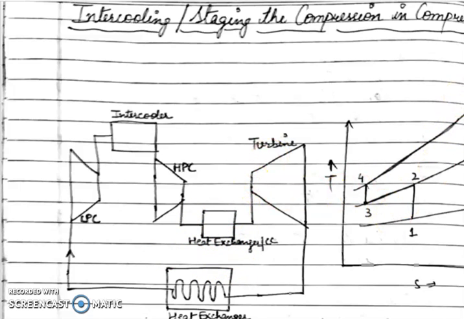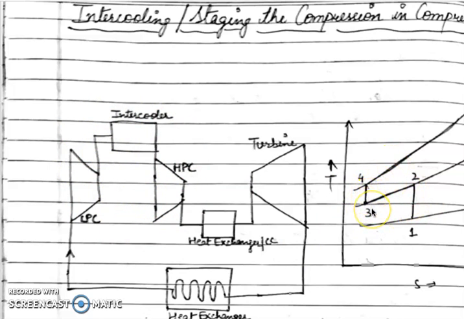Then 5 to 6 is the turbine expansion of the air, and hence the work output is obtained. Then the air is sent to the heat exchanger, where the heat is extracted back, and it is circulated in the same cycle again and again. The difference in this cycle compared to the Brayton cycle is the multi-staging of the compression process, which requires an intercooler.